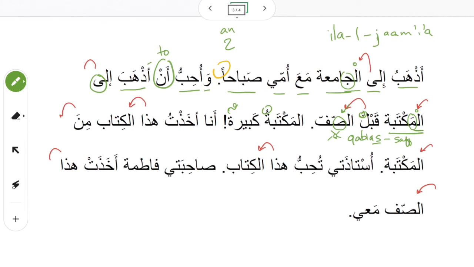المكتبة كبيرة. How would you pronounce this if you saw ضمتين on here? المكتبة كبيرة. You would pronounce the T sound. Good. أنا أخذت. I took. Remember, this ta is past tense for I. I took. هذا, and then the word al-kitab.